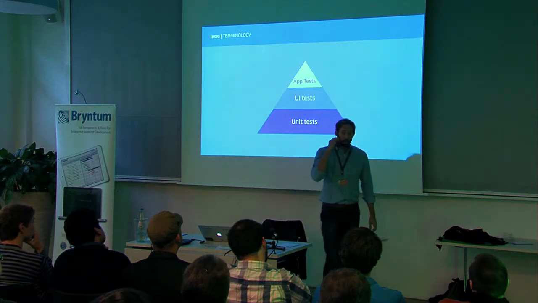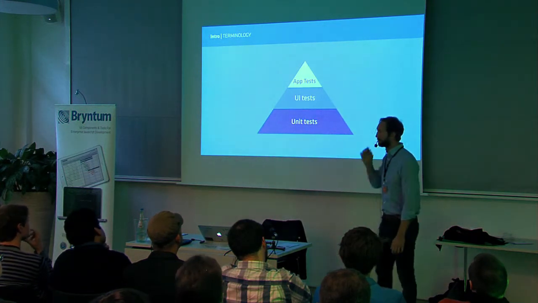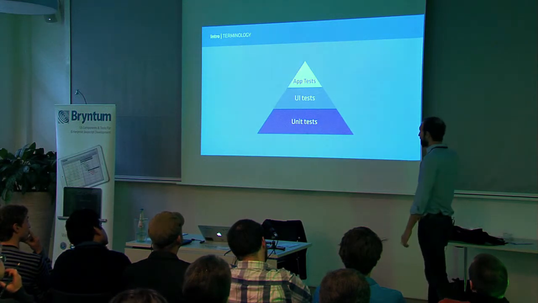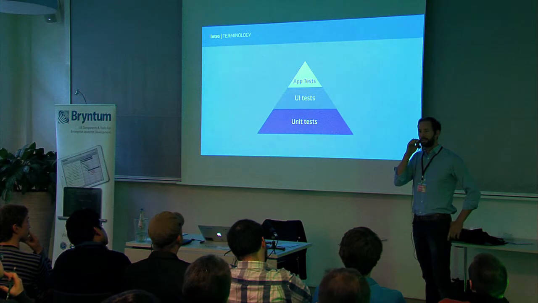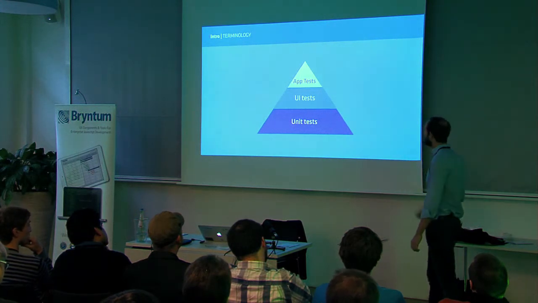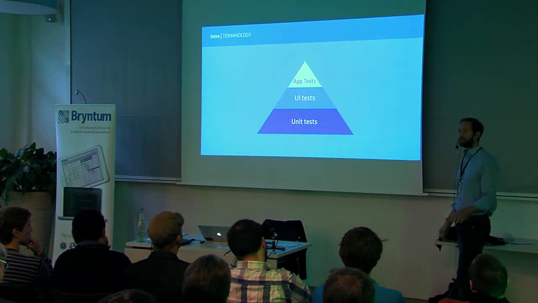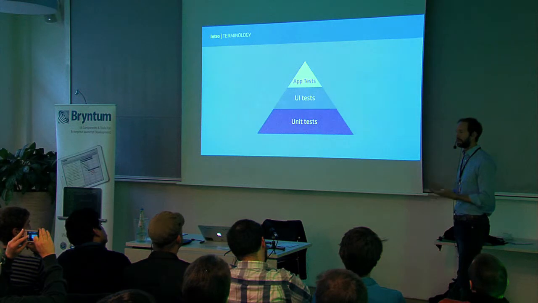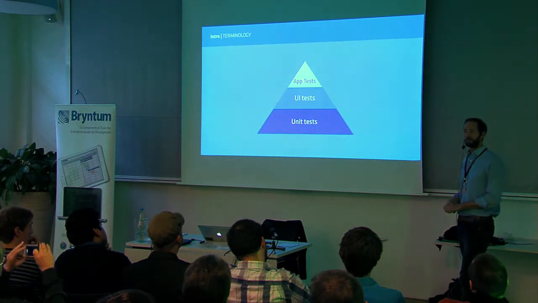But here's my little pyramid that I think sums up what I think you should devote your time to. So always start putting a solid base there with a lot of unit test coverage. Once those are done, you move on to UI tests, because you also need UI tests, of course, because your application is having a lot of UI code.